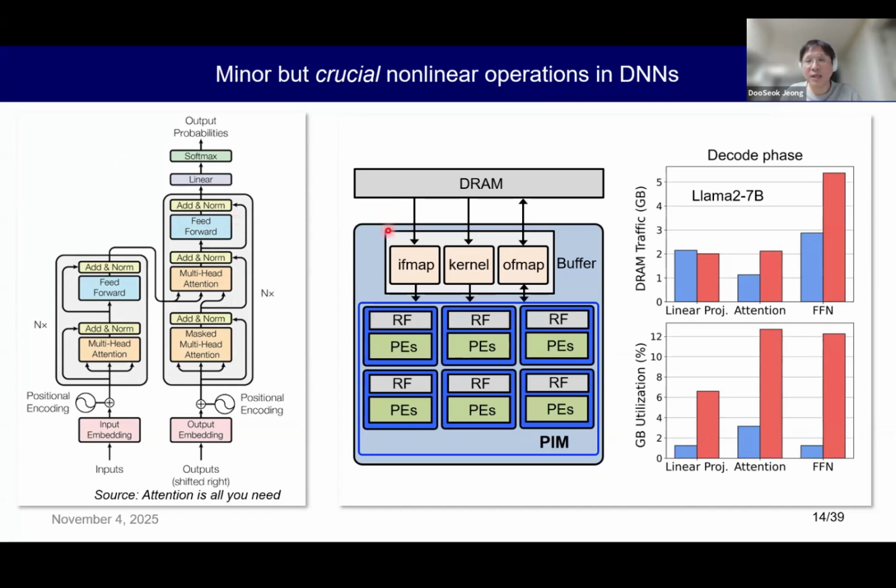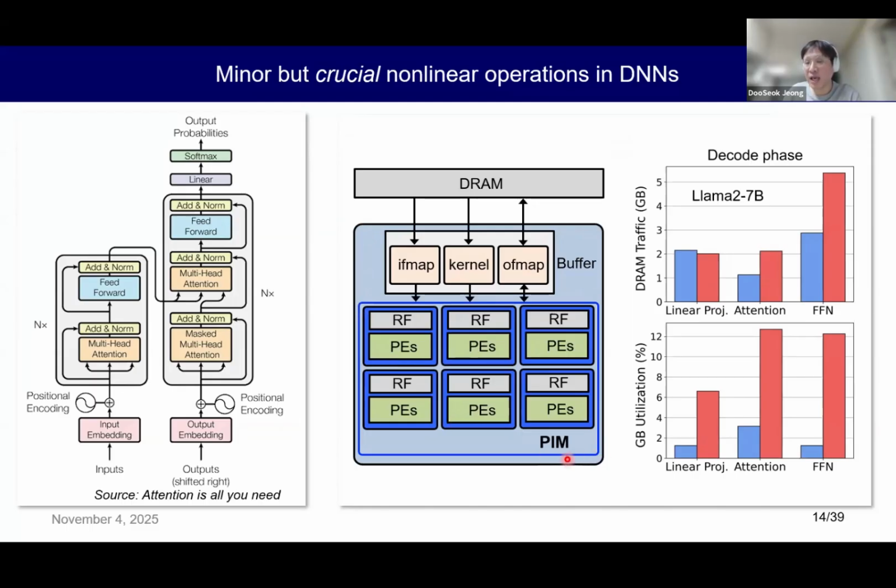But this is just a simple schematic. Let's think of PIM. You have a memory, you have a processing element, you have a buffer, and you have DRAM, right? But this PIM is for offloading matrix-vector multiplication from the CPU.